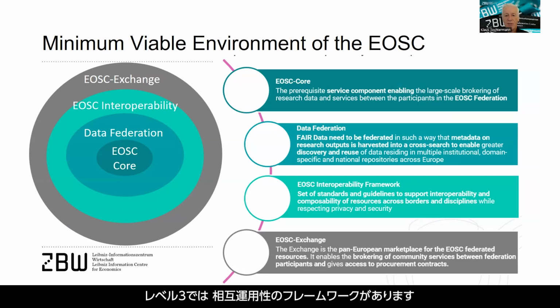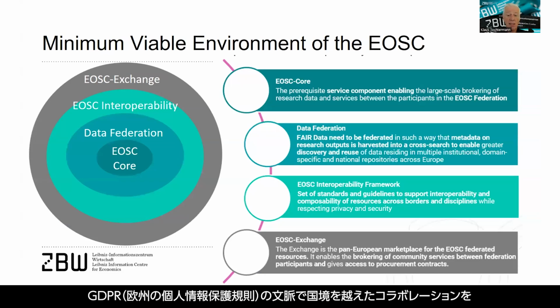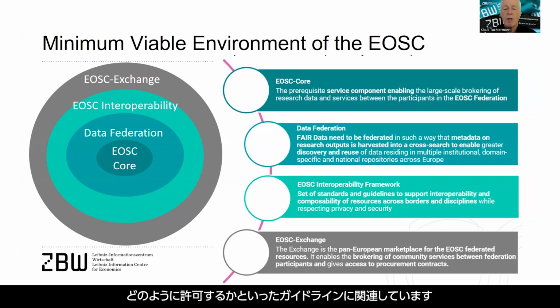At level 3, we have the interoperability framework. This relates to the standards for protocols, for example, how to access the repositories. It relates to guidelines, how we would, for example, allow cross-border collaboration in the context of GDPR, that is the European privacy regulation.